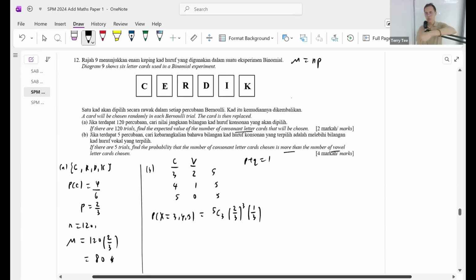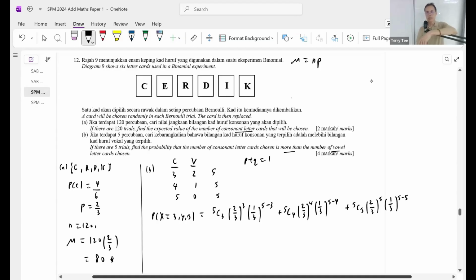If your p is 2 over 3, your q is 1 minus 2 over 3, which is 1 over 3. You have to use n minus r. Then continue with 5C4, 2 over 3 power 4, 1 over 3 power 5 minus 4, followed by 5C5, 2 over 3 power 5, 1 over 3 power 5 minus 5.